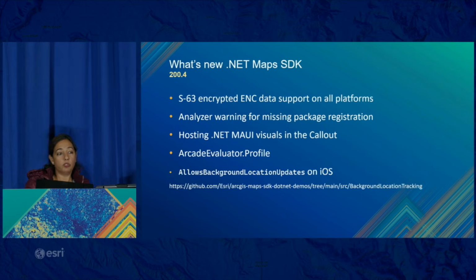Tracking location and enabling background for apps has become a very common workflow in modern applications, and .NET Maps SDK supports this functionality already. But we have improved the system location data source on iOS to ensure that background location updates continue even if your device is turned off or the app is running in the background.